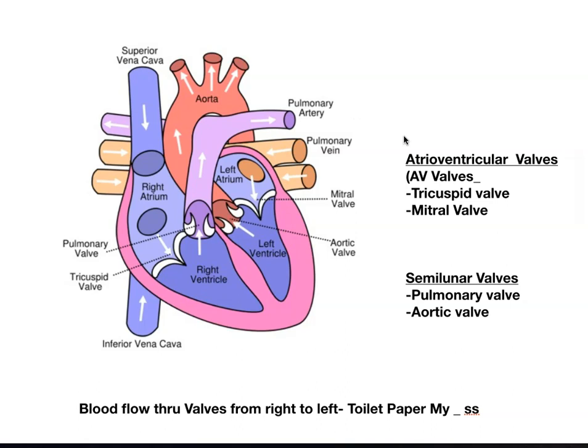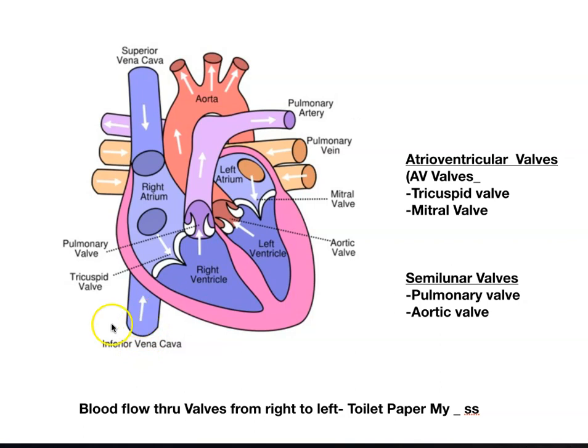This is a simplistic diagram of the heart, but it will help you see what's going on within the inner workings of the heart. We have these two structures called the superior vena cava and the inferior vena cava. Now, these are veins.